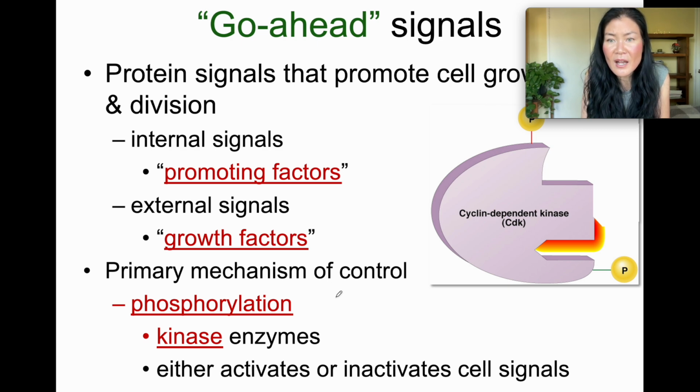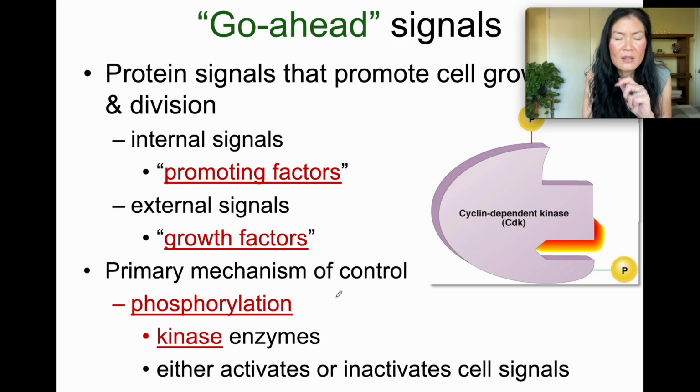Kinases, which we talked about before, are enzymes that phosphorylate. And usually when they phosphorylate a protein or a molecule, it activates the protein, it turns it on so that it can trigger the next part of what we call a signal transduction pathway.